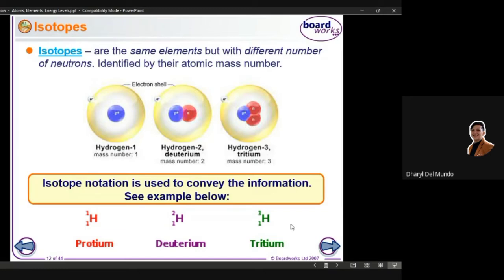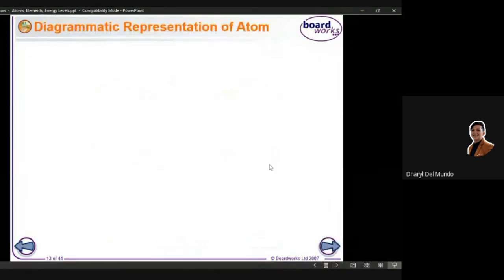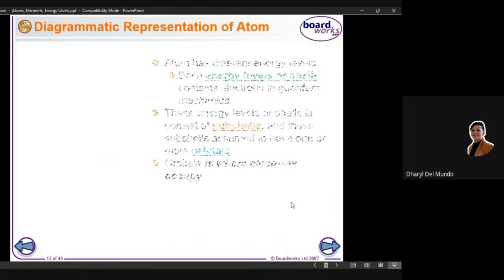Of course, that's an isotope. While ions, again, ions are atoms that are either gaining or losing electrons. All right?